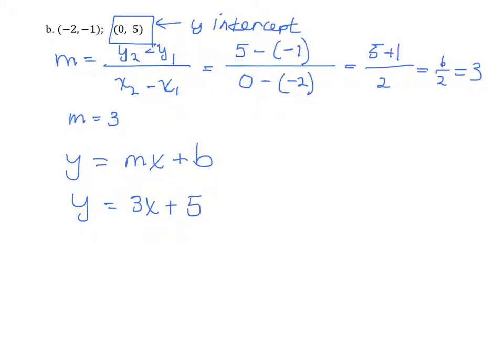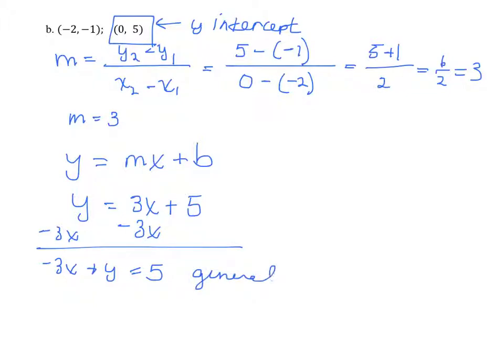Now, if they want you to write it in general form, just move that 3x over to the other side by subtraction. And we get negative 3x plus y is equal to 5. This is general. This one is slope-intercept.